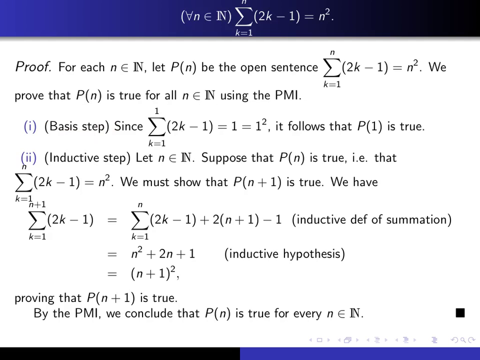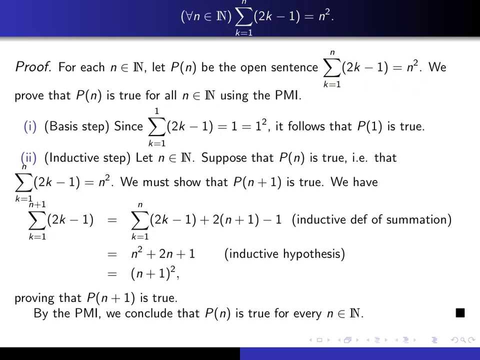And so we write, since the summation of 2k minus 1 as k runs from 1 to 1 is defined to be the very first term in the sequence, in other words, it's 2 minus 1, which is 1, and 1 is the same as 1 squared, it follows that this statement is true if n is equal to 1.